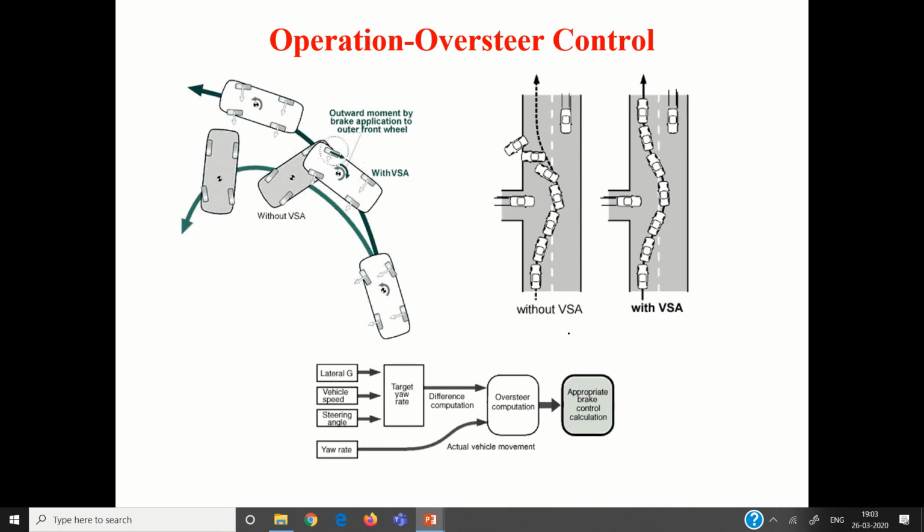Now for example, what it does: there will be a lateral G measuring sensor, an accelerometer which will measure lateral acceleration. This will measure the vehicle speed, capital V. This will measure AY. This will measure delta.